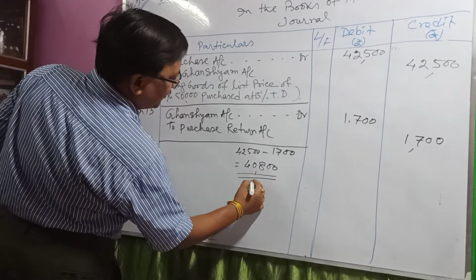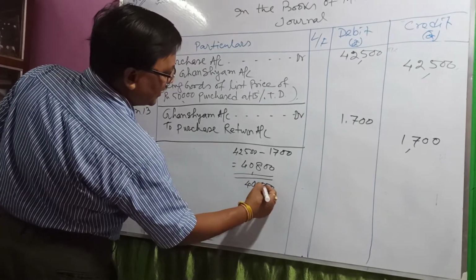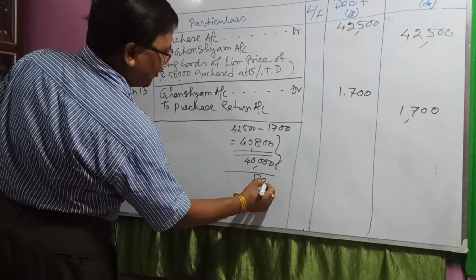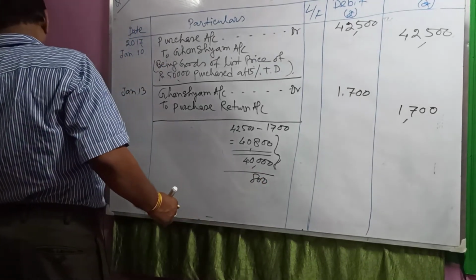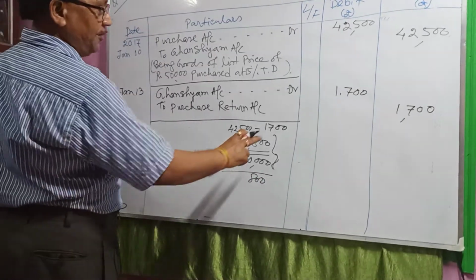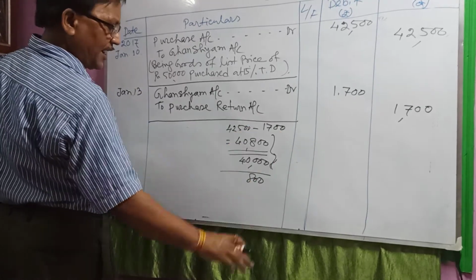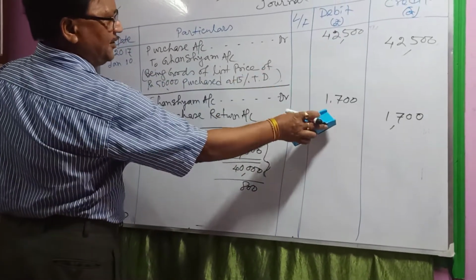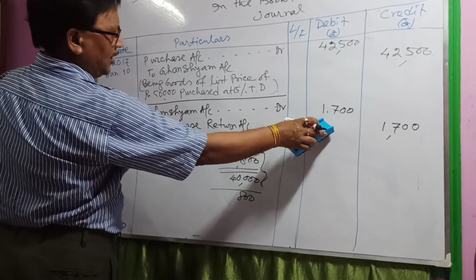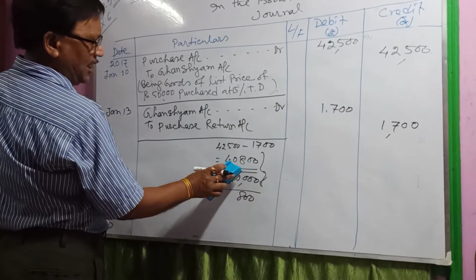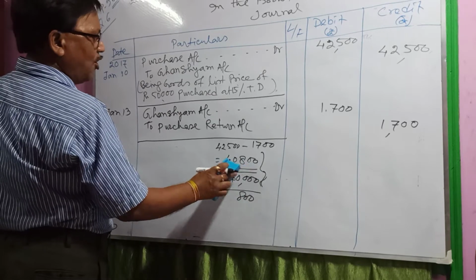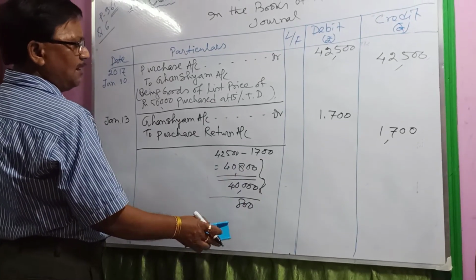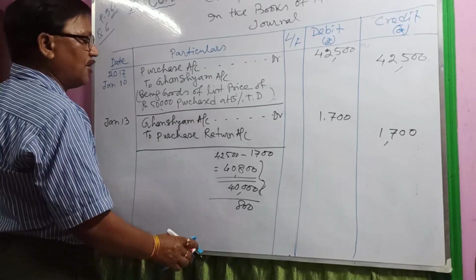So 40,000 paid only. The difference is 800. What is this 800? In this case, discount received. Other details you show in the workings notes. Actually transaction 42,500, deducting refund 1,700, the total amount is 40,800, only payment 40,000. The difference is known as discount, and in this case it is discount received.